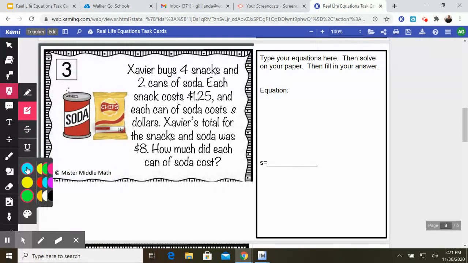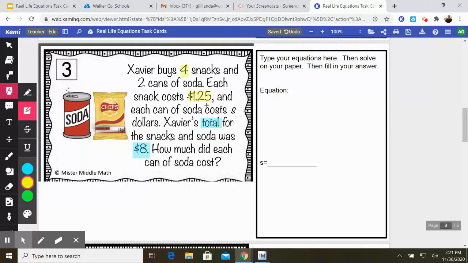Let's see what we do know first. We do know how much he spent. He spent $8 total, so that is our total. It goes on the other side of the equal sign. We know that he bought 4 snacks, and they were $1.25 each.